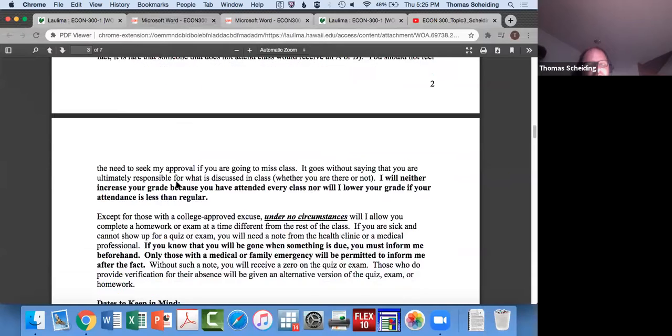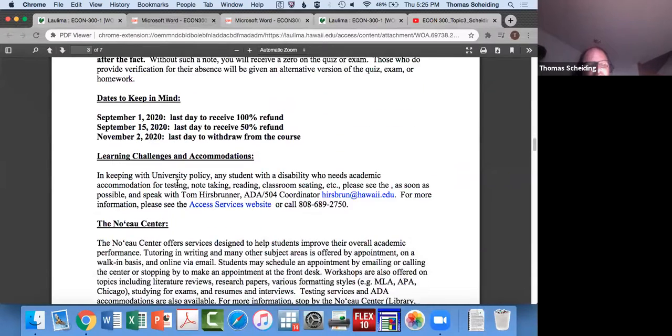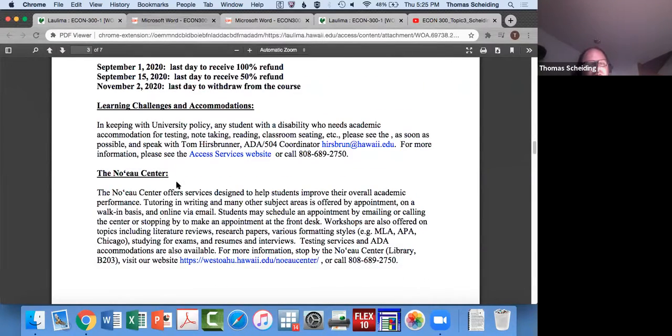And we've got our classroom policies, learning challenges and accommodations, and the Noyau Center. All of these are things you can read. If you've been around campus long enough, which most of you should have been, everything should be pretty straightforward. Classroom policies, just let's treat each other kindly, right?